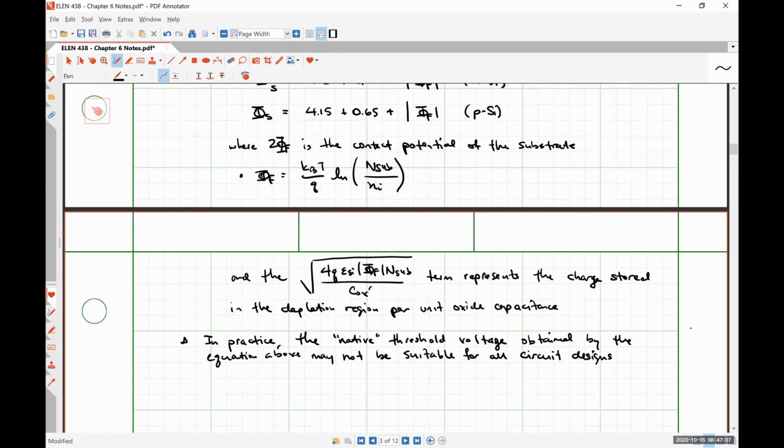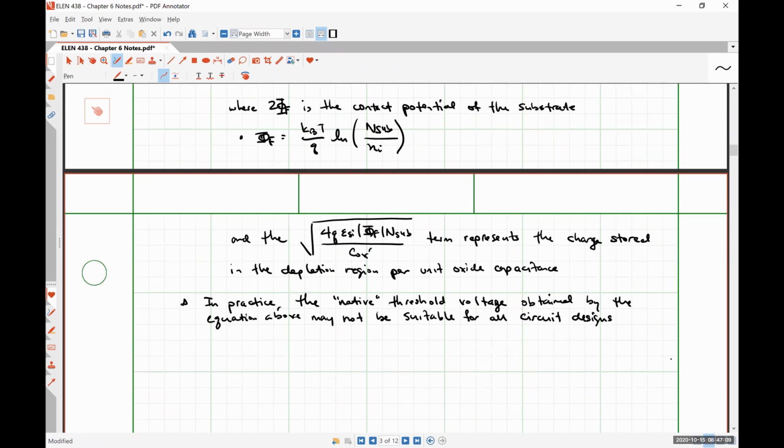Particularly, it may actually wind up underestimating the threshold voltage or having a threshold voltage that's too small. So, if VTH approaches 0 for some values of n sub, right?